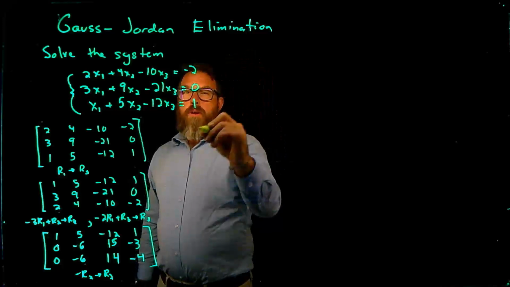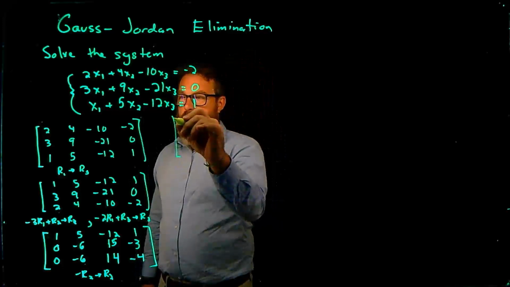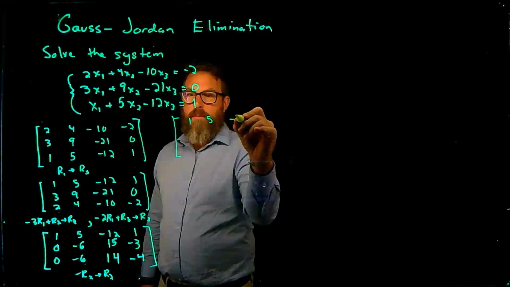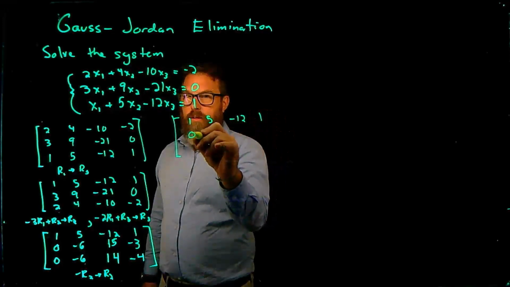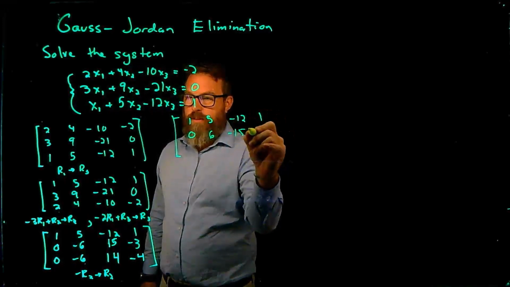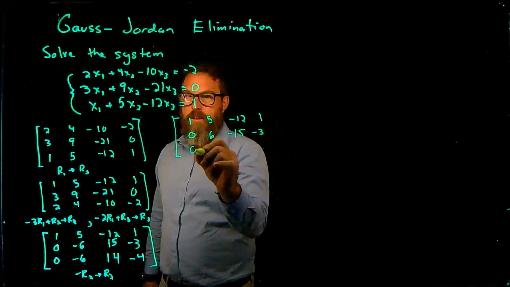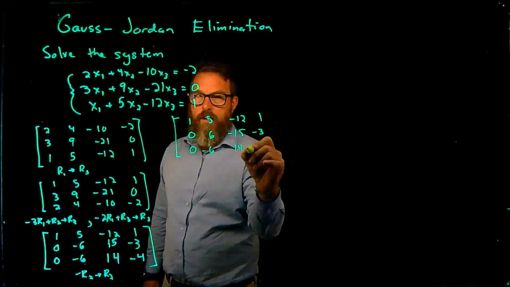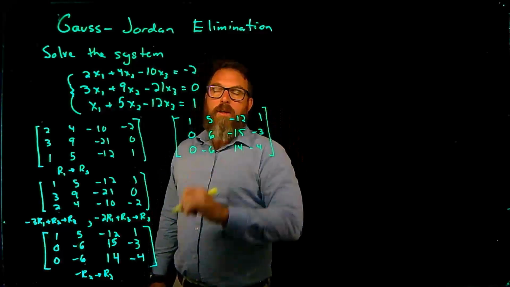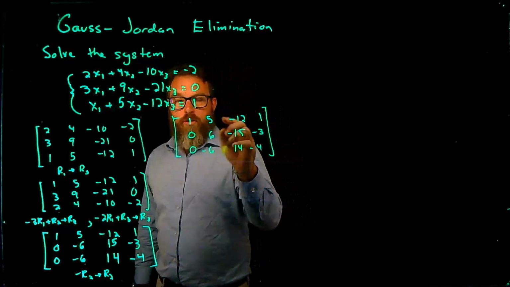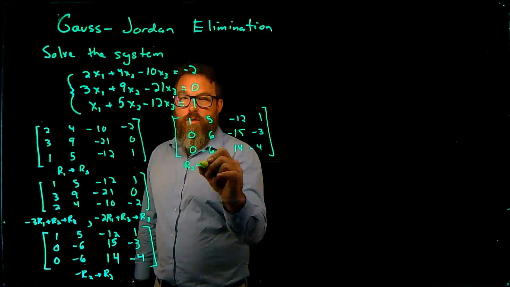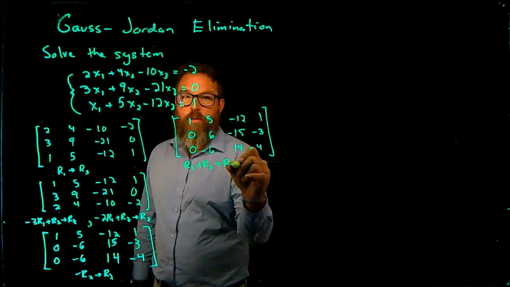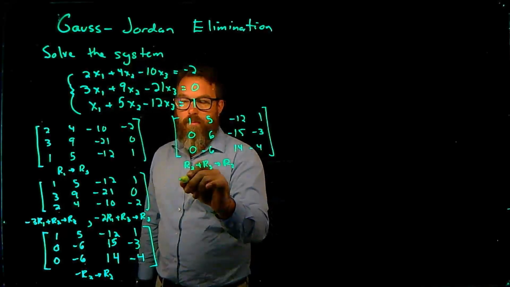So let's pop it up here. Now what we're going to have is 1, 5, minus 12, 1; 0, 6, minus 15, minus 3; and then 0, minus 6, 14, minus 4. All right. Since these are direct multiples of each other, I can just do row 2 plus row 3 as my new row 3, and that'll turn that entry into a 0.